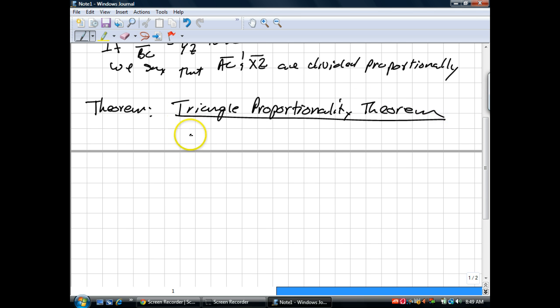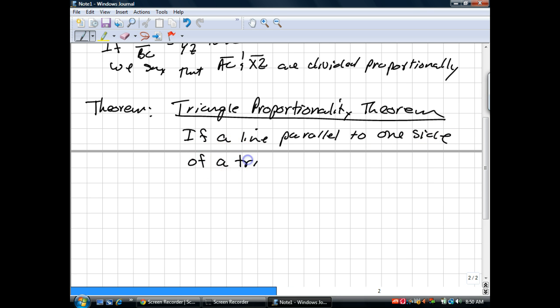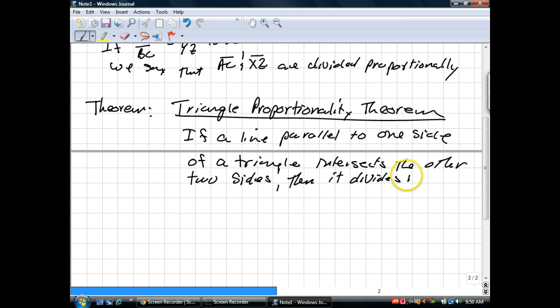All right, and it says, if a line parallel to one side of a triangle intersects the other two sides, then it divides those sides proportionally.